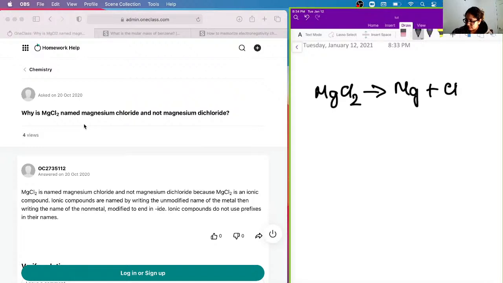And so let's address these charges. We know when you form chemical formulas, you just crisscross the charges, and those become your subscripts. In this case, magnesium is a metal because it's from group 2.